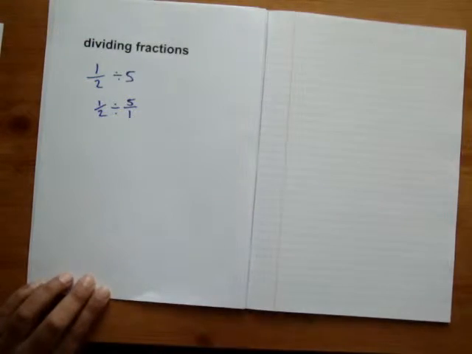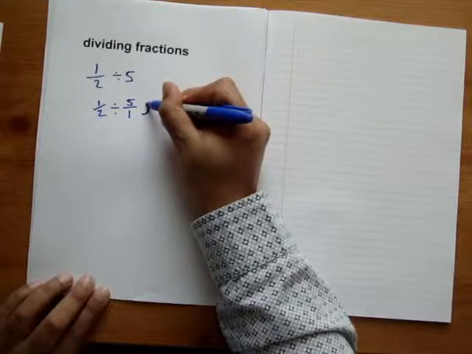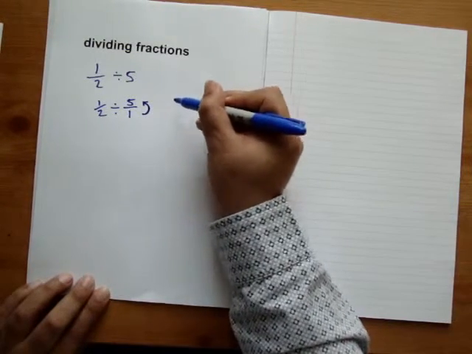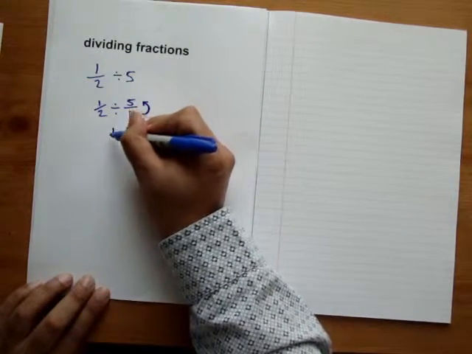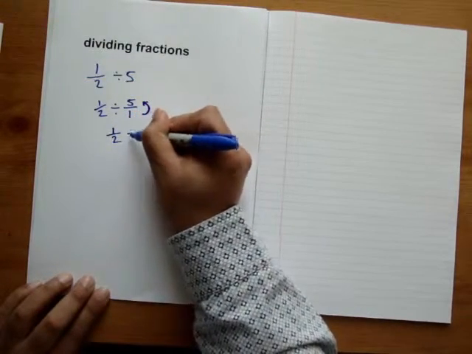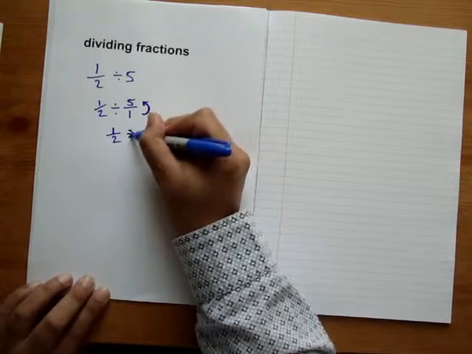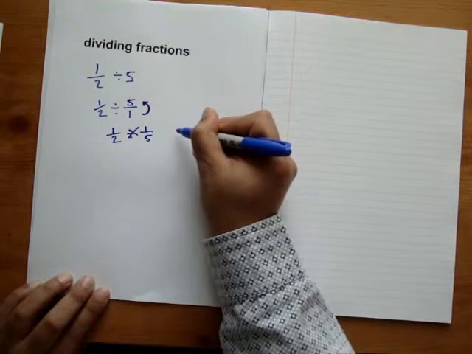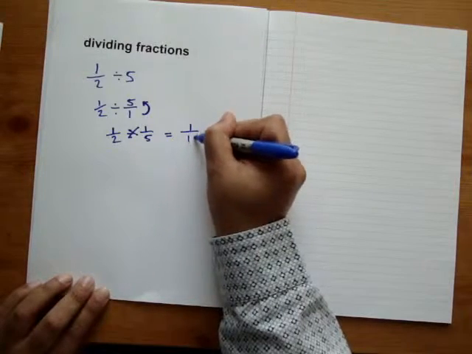Now what we do to do a division is we get the reciprocal of what we're dividing by and then we multiply. So it's a half times 1 over 5, which becomes 1 over 10.